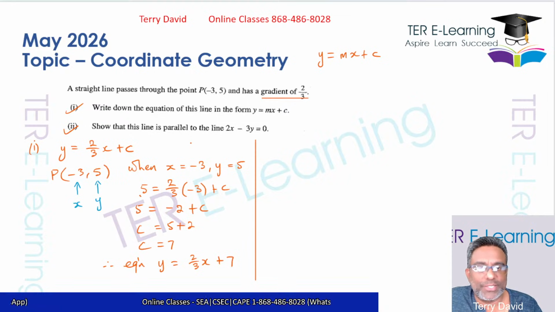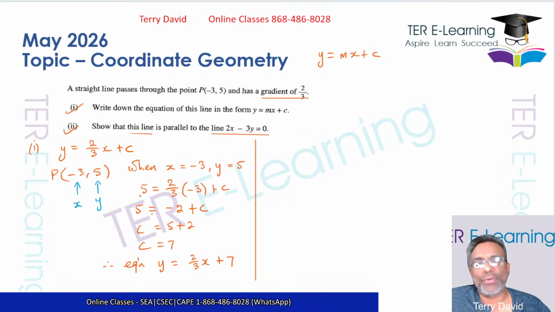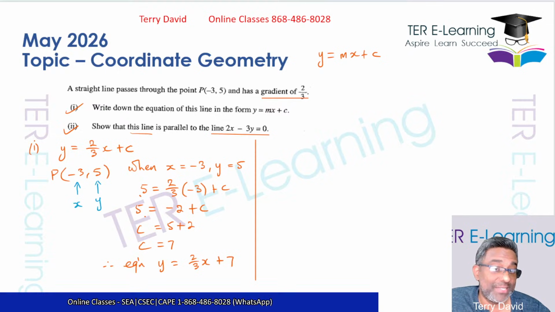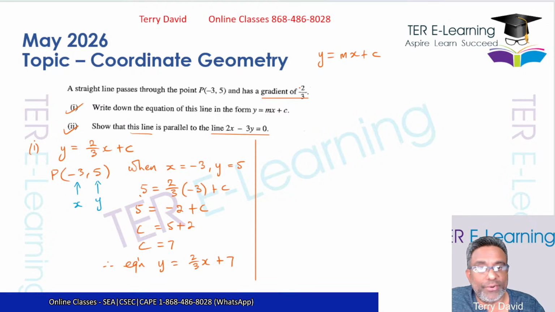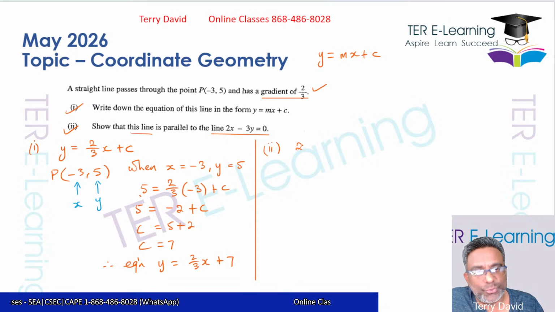Part 2, they said show that this line is parallel to this line here. Now the only way you can show that two lines are parallel is if they have the same gradient. So we already know the gradient of the first line. Gradient of the first line is 2/3. So what we need to do, so this part 2, you need to start off with this equation here. 2x minus 3y is equal to 0.